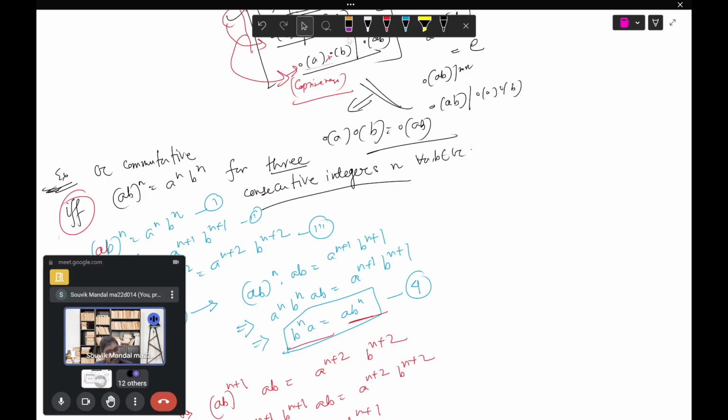The thing is, whenever G is commutative, then for any integer n, (ab) to the power n is equal to a to the power n and b to the power n, right? Then obviously for any three consecutive integers n, it will also hold. Got it.